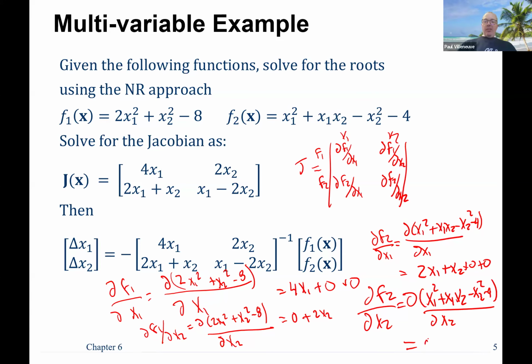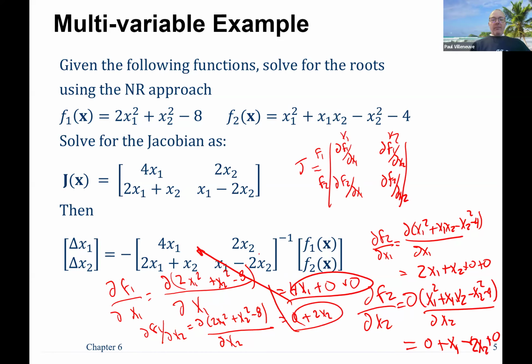That's equal to 0 plus x1 minus 2 x2 plus 0. So now that goes into my 1, 1 position. Goes into x2.